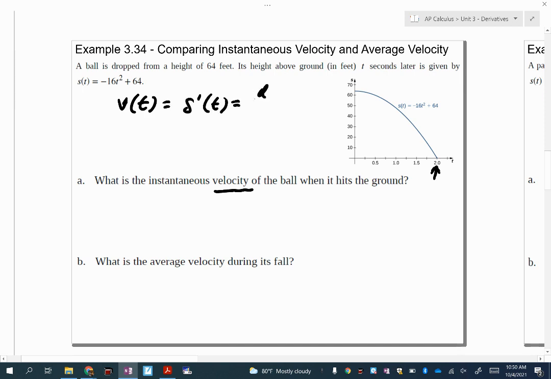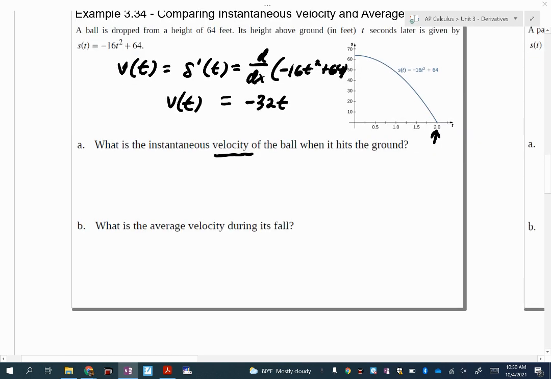So I'm going to find the derivative of negative 16t squared plus 64. If you want to show all your work, you can, but I think we can do this pretty quickly. Using the power rule, 2 times negative 16 is negative 32, so that's negative 32t to the first power. And the derivative of 64, a constant, is just 0. So our velocity function is negative 32t.